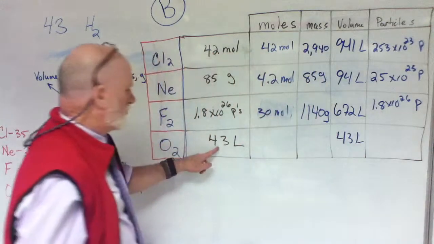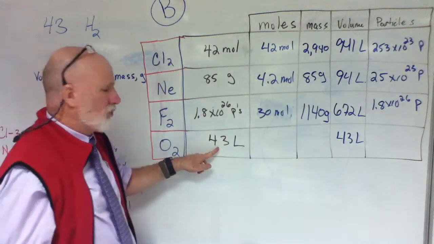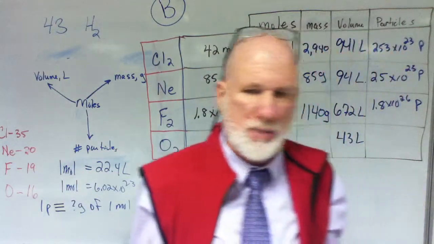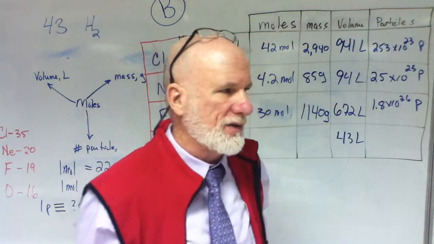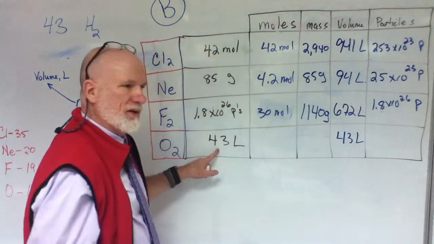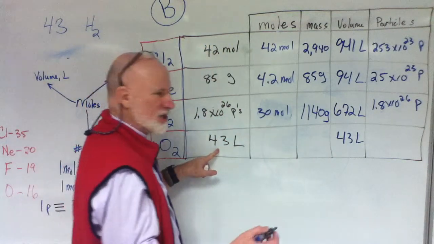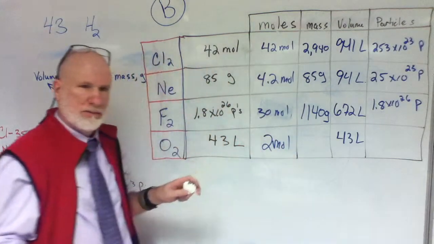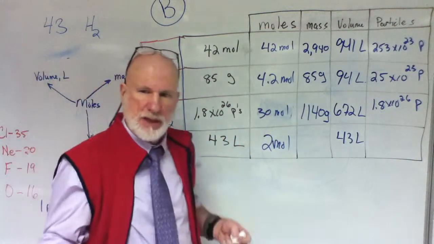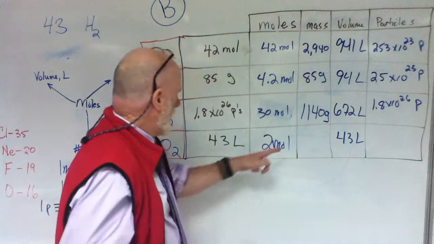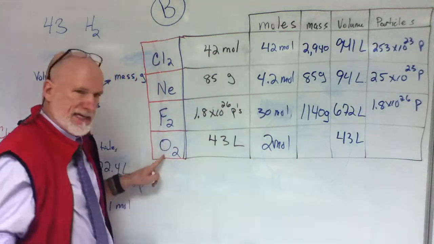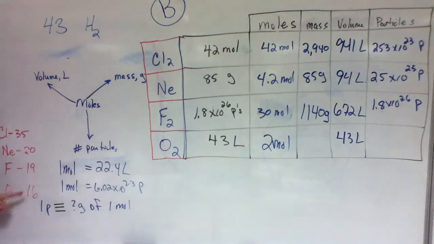Okay. What's 43 divided by 22.4? 1.9. Can we say 2? Is that okay? 1.92. You're going to get round off error, okay? And so what is 2 times 32? 16 is 16, right?